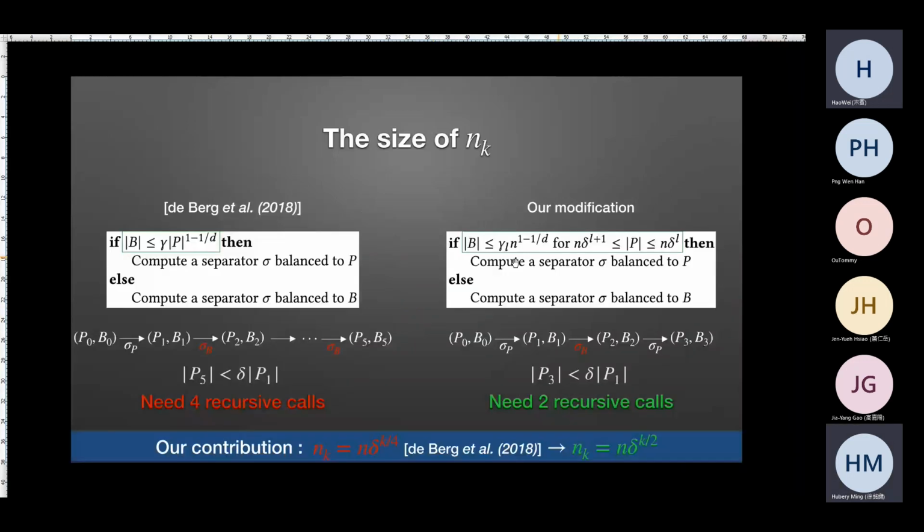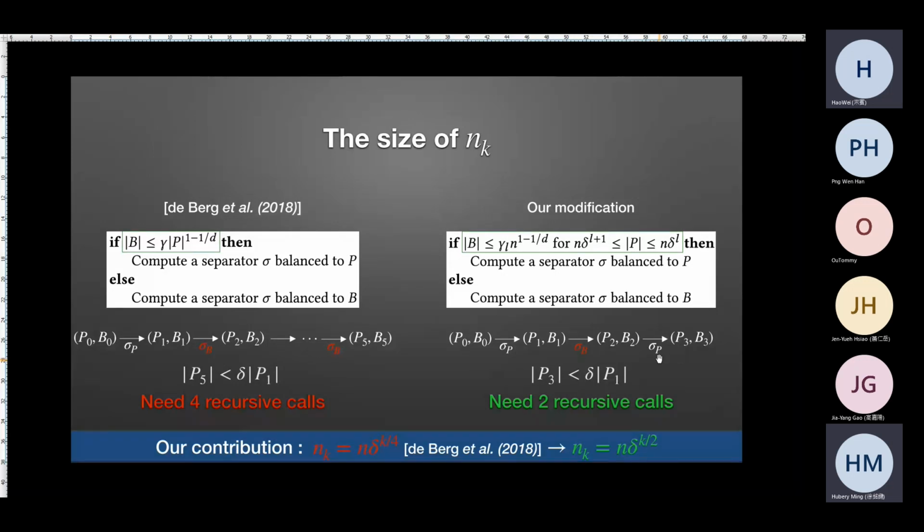Let's discuss our modification first. If we make a separator balanced to its boundary points, our criterion will enforce that the next separator is supposed to be balanced to all of these points.